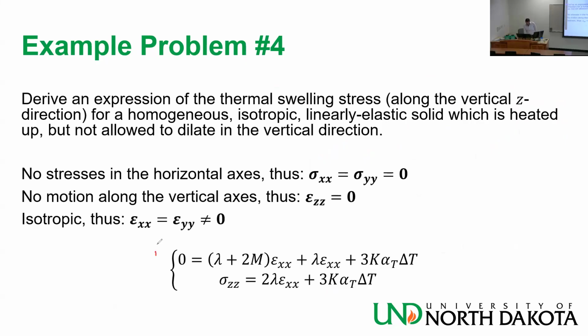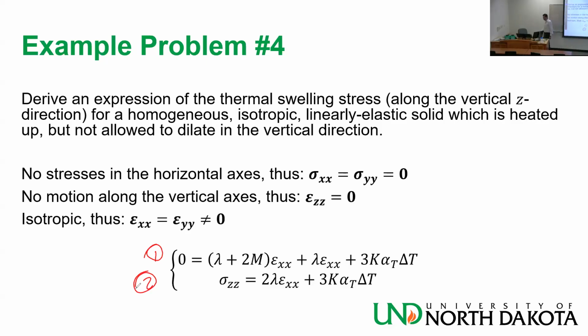Can I write here? Okay. And the second equation leads to this. Now, how about I take the first equation and it's basically simultaneous equations, okay? And you have learned in school how to deal with those. Let me deal with one way. I solve the first one for epsilon xx, and I plug it into the second one.